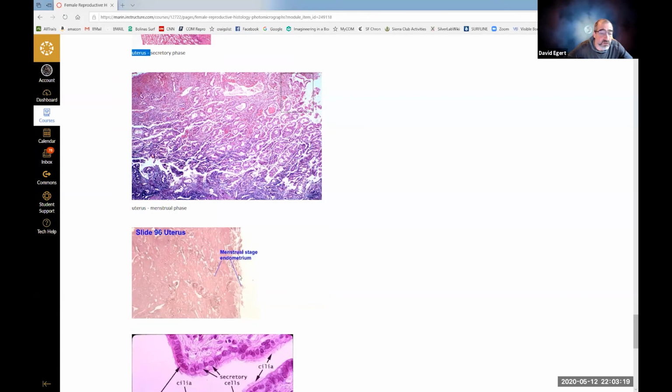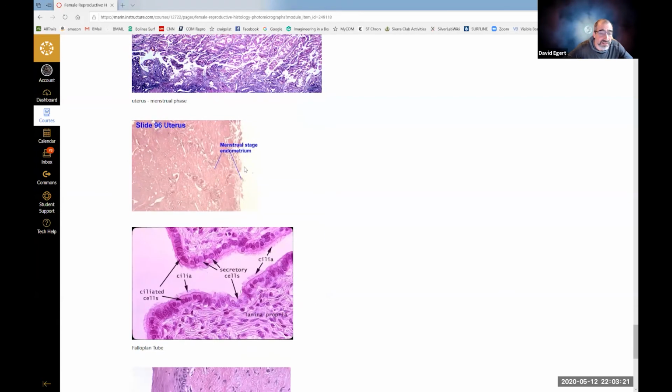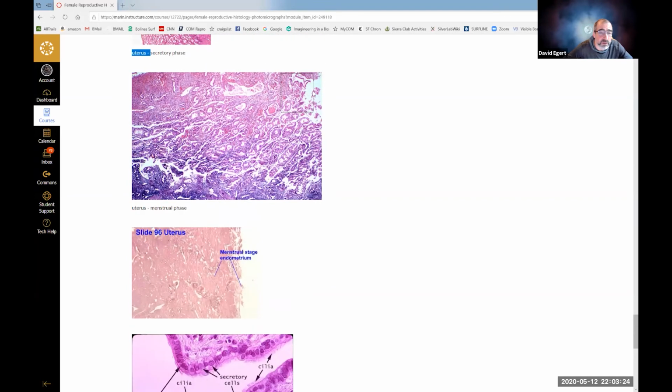And in the menstrual phase, everything has fallen apart. Things are all starting to disintegrate. And in lab, we have some beautiful images of a menstrual phase uterus, but these are at least giving you a sense of the endometrium starting to disintegrate and fall apart.